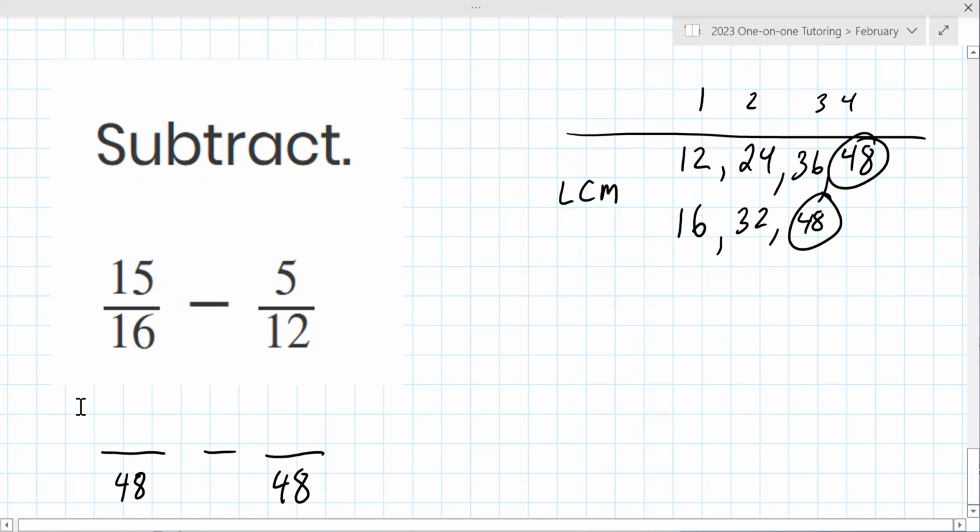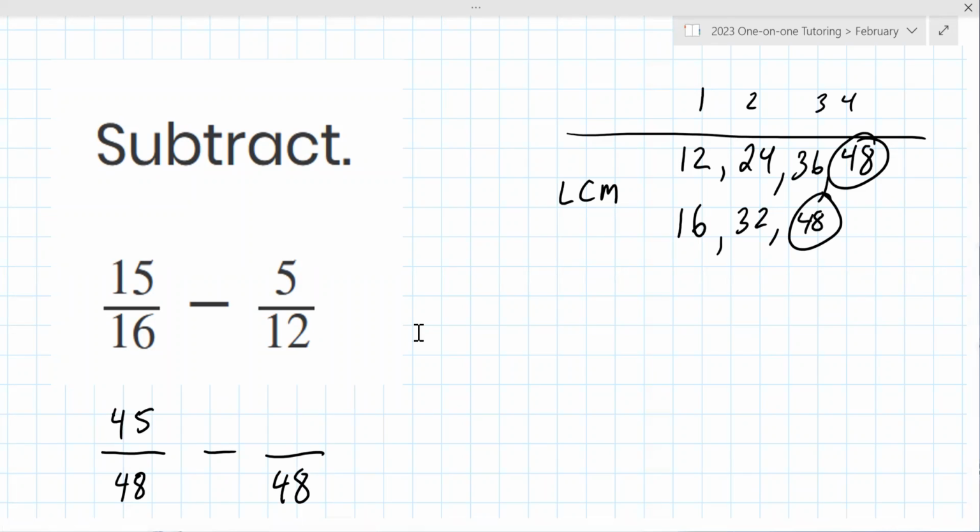So what are you going to do to the 15 on top? Multiply it by 3. Okay, what is 15 times 3? 15 times 3 is 45. Okay. Now let's look at the other set of numbers. 12. How do you go from 12 to 48? Multiply by 4.